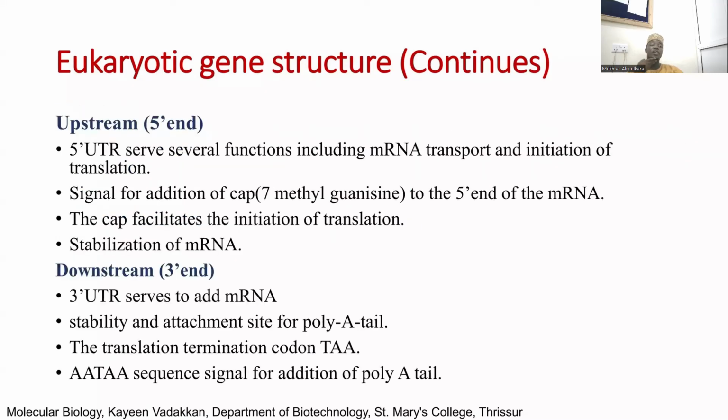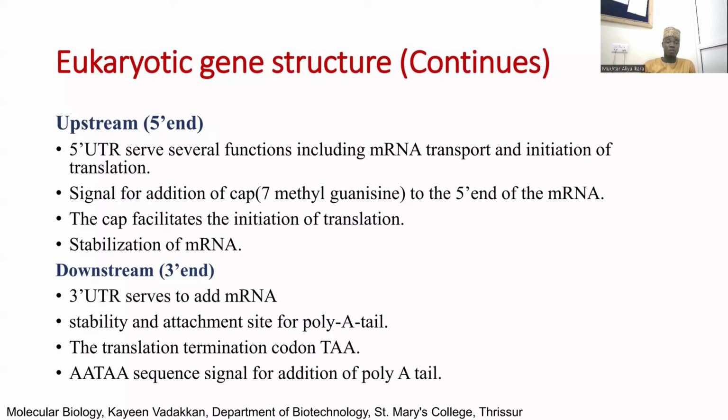Then we also have the upstream 5' end. So in the upstream 5', it has several functions, including mRNA transport and initiation of translation. Of course, when mRNA is being synthesized in the nucleus, it has to be transported from the nucleus to the cytoplasm, where there is a ribosome for protein synthesis to take place.